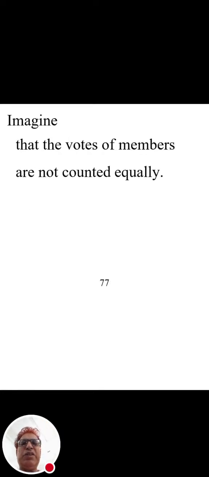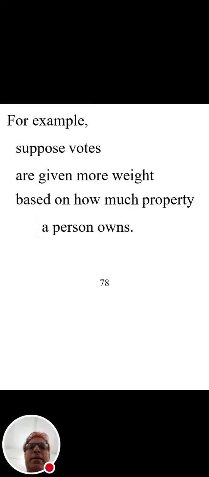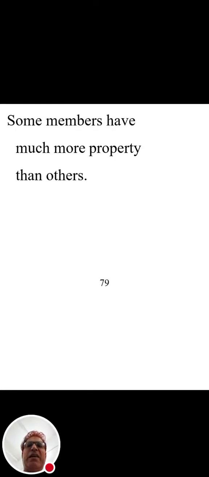Imagine that the votes of members are not counted equally. For example, suppose votes are given more weight based on how much property a person owns. Some members have much more property than others.